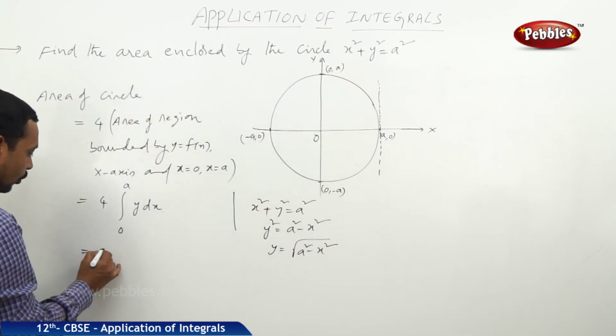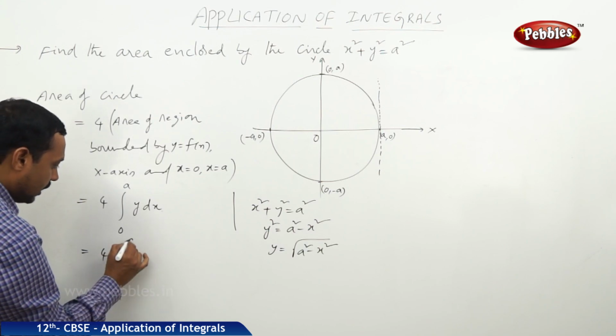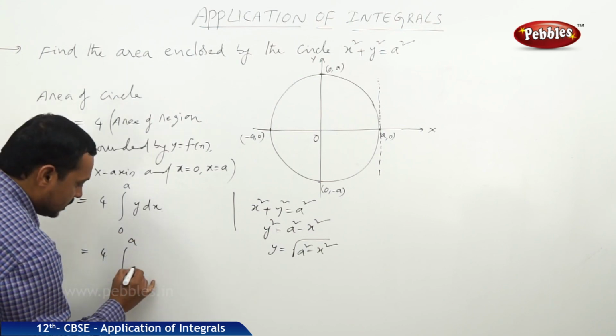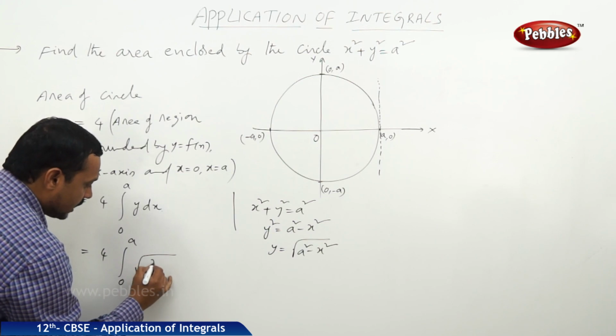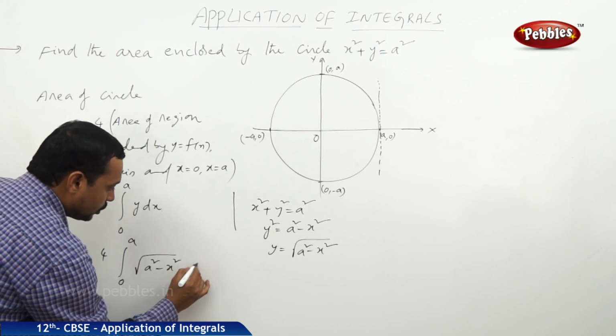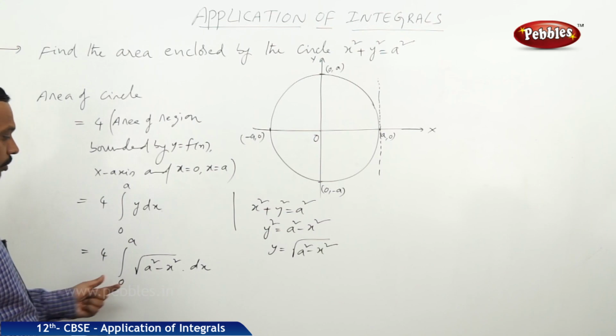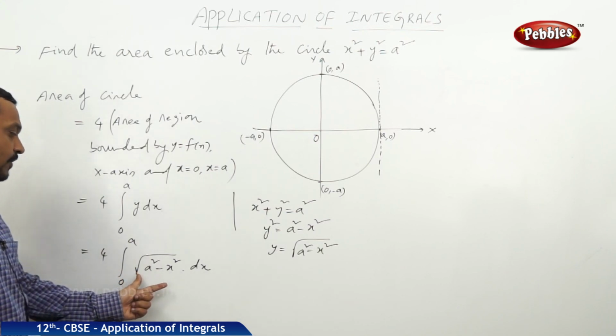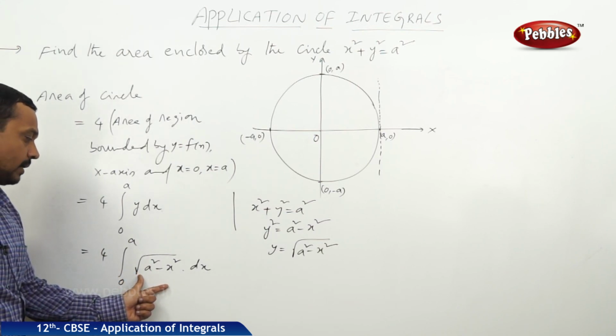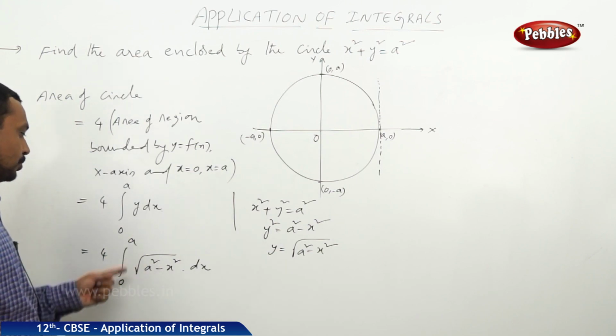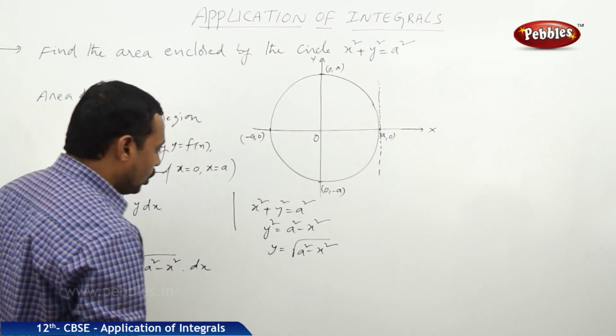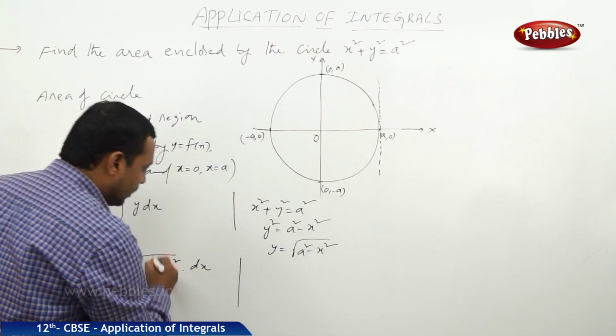Therefore, 4 into integral 0 to a y dx, where y is equal to square root of a square minus x square into dx. And now integrate this function root a square minus x square, then substitute the limits. Now you know it's a standard formula.